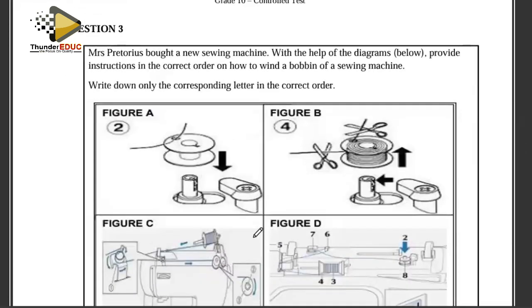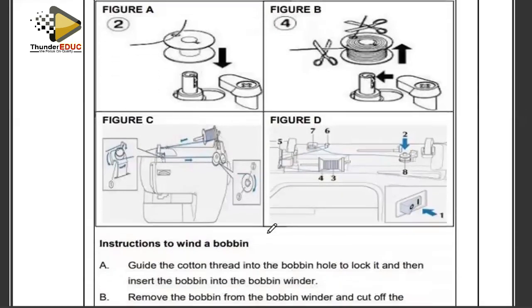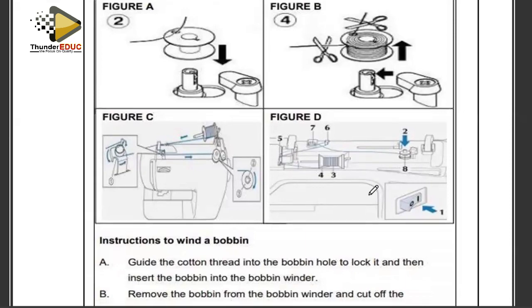Question number 3 says Mrs. Spritter bought a new sewing machine. With the help of the diagram below, provide instructions in the correct order on how to wind a bobbin of a sewing machine. Write down only the corresponding letters in the correct order. So now here it was not that much clear, all right? But let's think about it and we see.